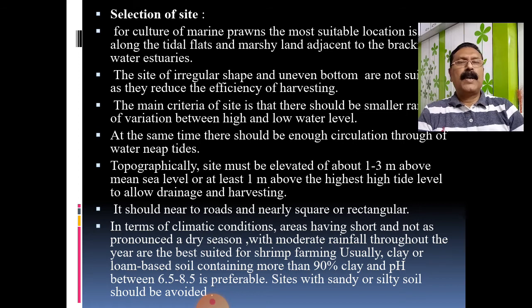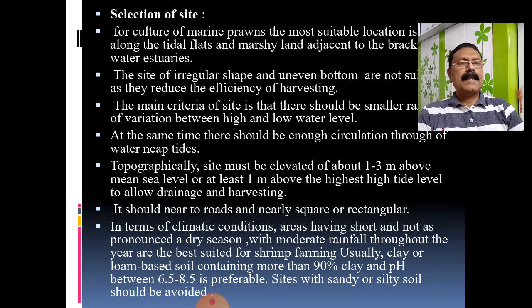Here also, in the case of prawn culture, the site should be near the beach, near the brackish water estuary, near the creek, where marine water is easily available. That means whenever marine water is required for the culture, it should be there. Therefore, the site must be near the beach, near the sea, particularly near the brackish water estuaries, and like that.